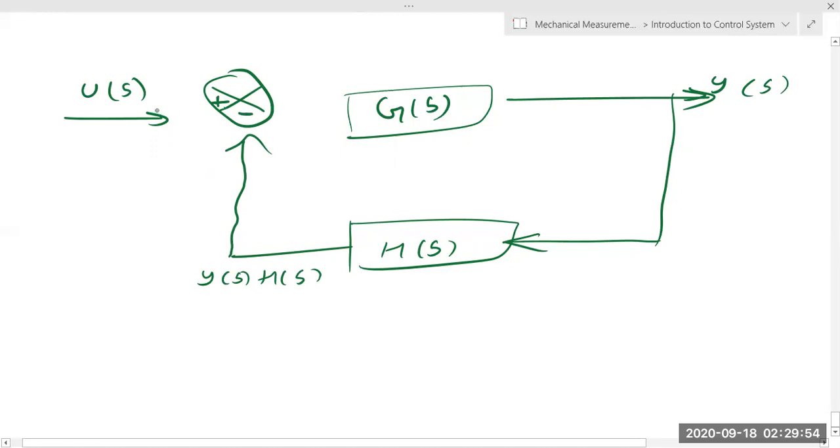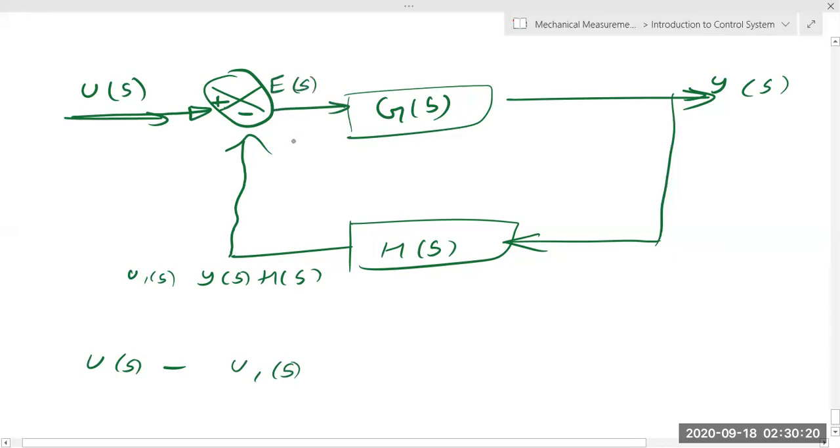If we know the property of the summation point, one signal is positive, which is u of s, and the signal coming into the summation point from feedback is negative, which is u1 of s. These two signals together comprise a new signal, which is the error signal.